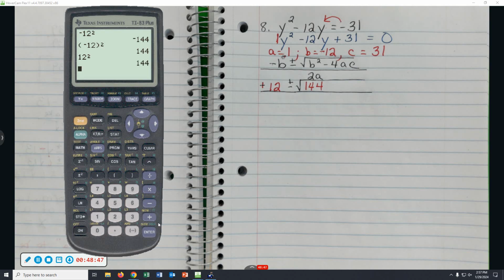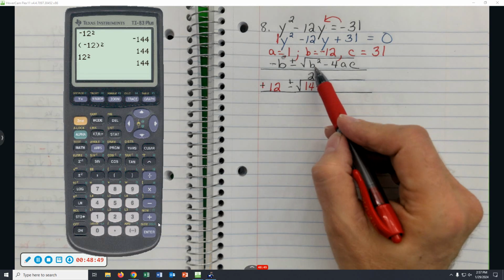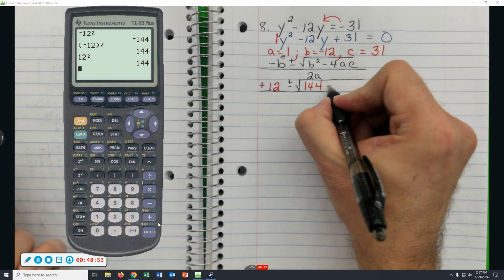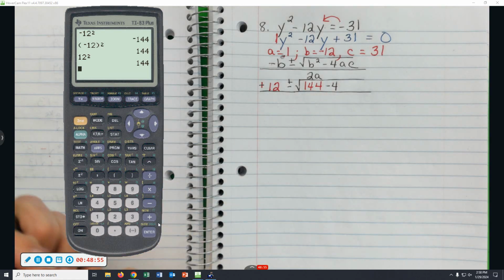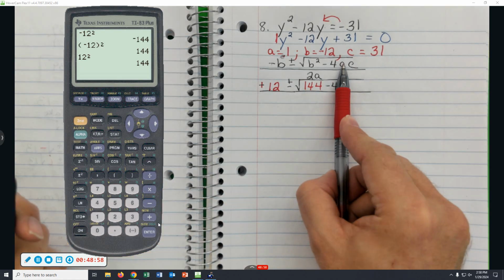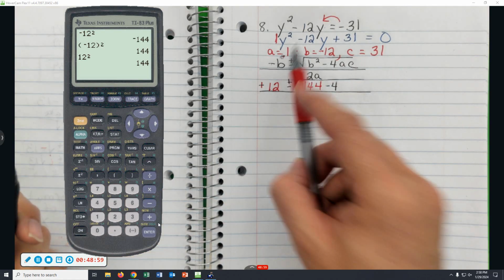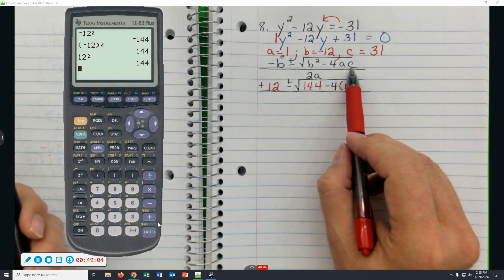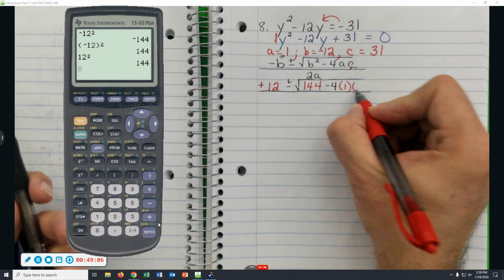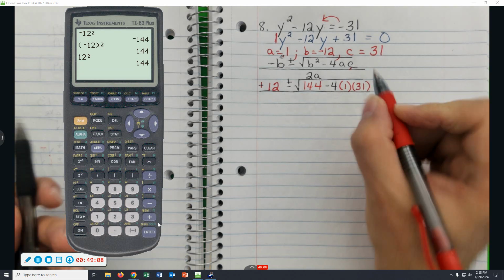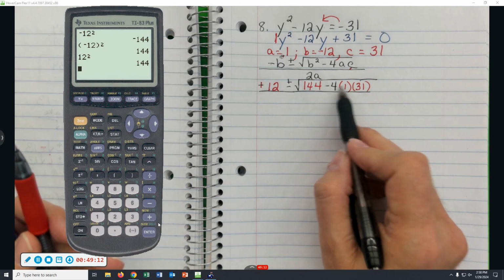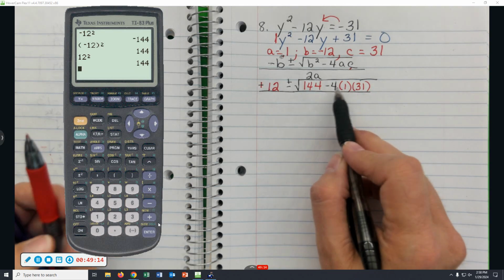So what I do, I square the B. Now I'm going to say minus 4 times A. I'm going to replace A with a 1, times C. I'll replace C with a 31. If you want to use little stars or something to indicate times instead of the parentheses, that's fine.